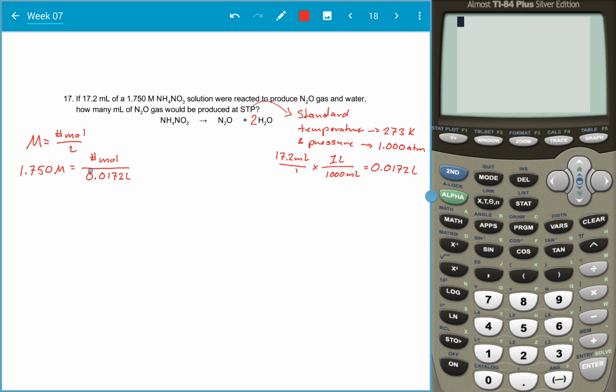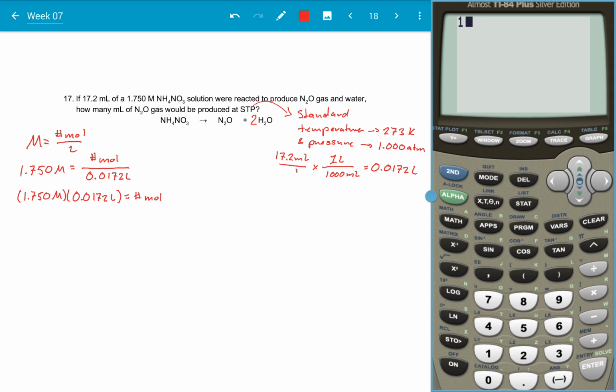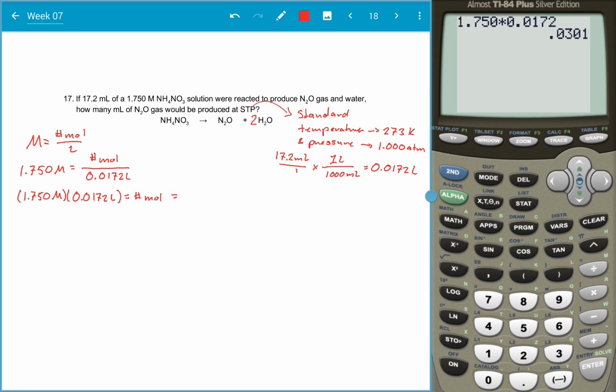Now, to solve for my number of moles, I'm going to bring my volume to the other side. And multiplying those 2 numbers together, I end up with 0.0301 moles.